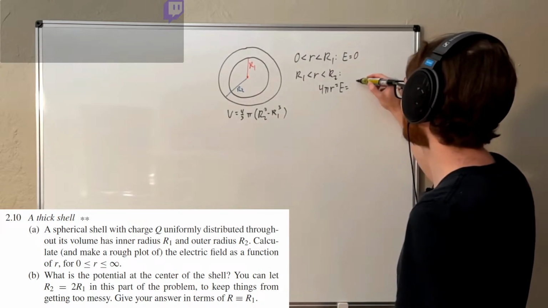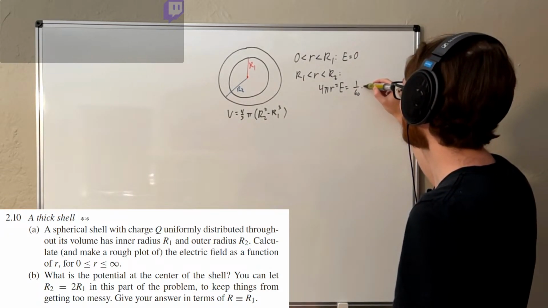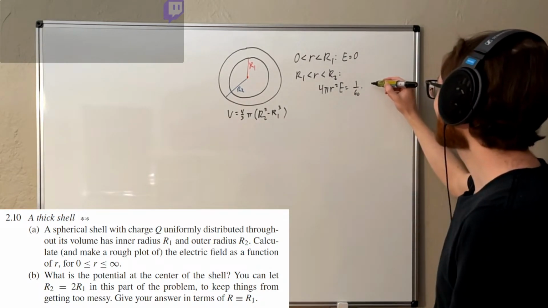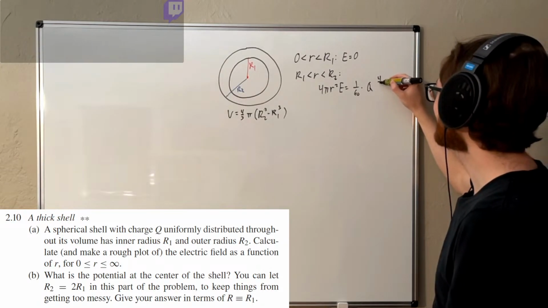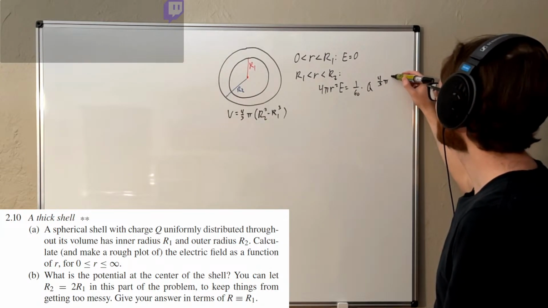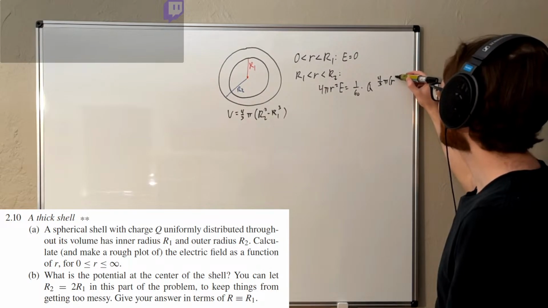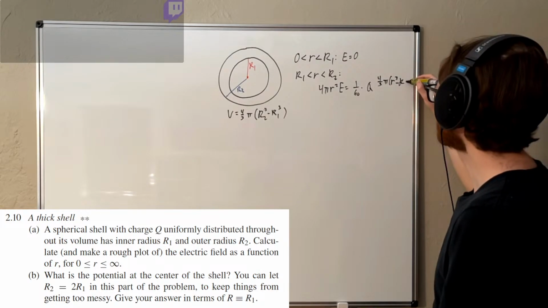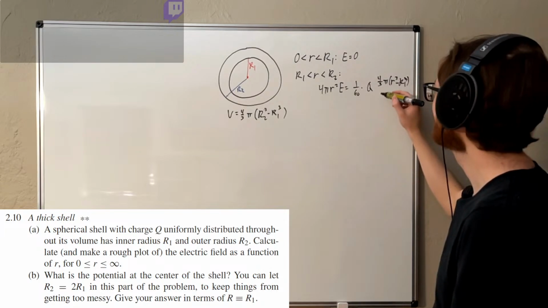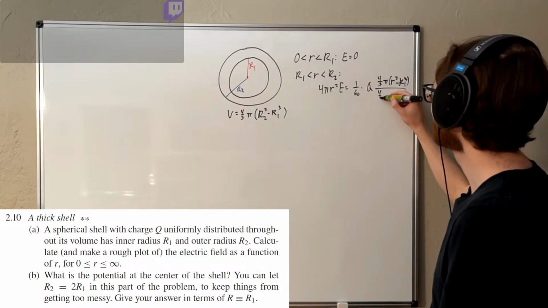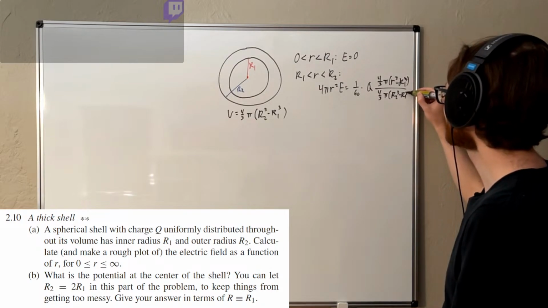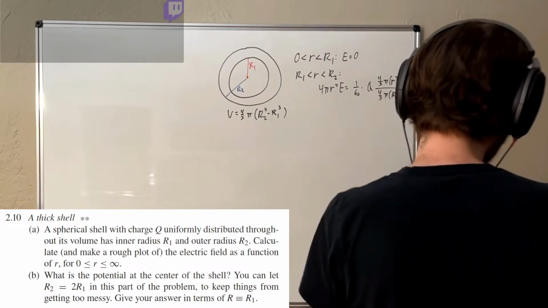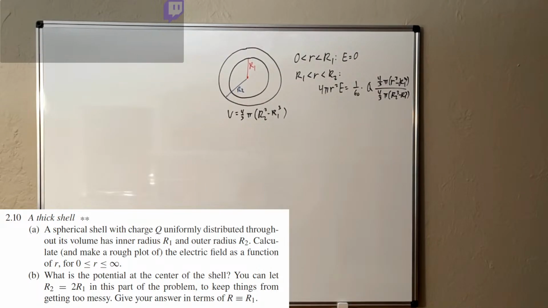Okay, let's get 1 over epsilon naught here. And then over here, I think we would do Q times the volume of our thing over the total volume. That's completely instinctual though. I've heard them saying why it would be like this, but it feels like I'm making a percentage here.